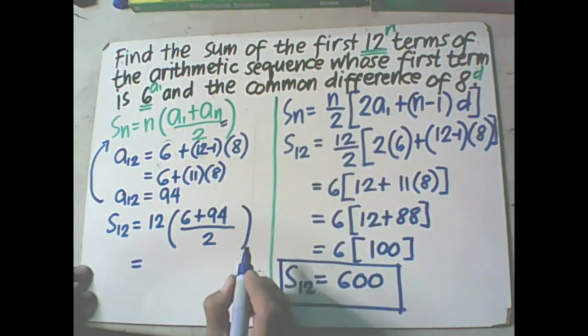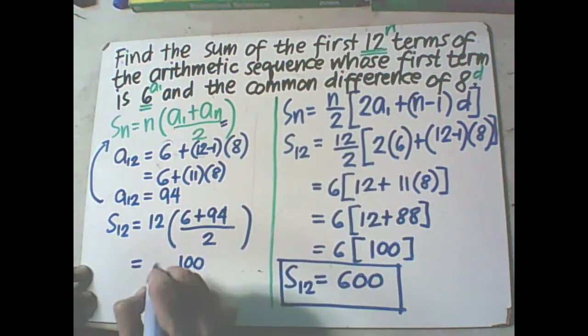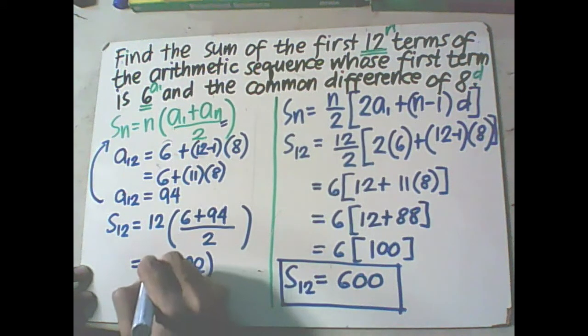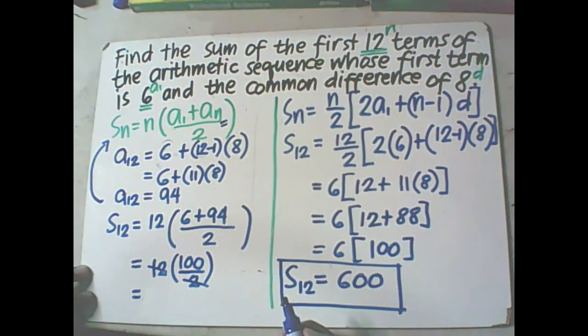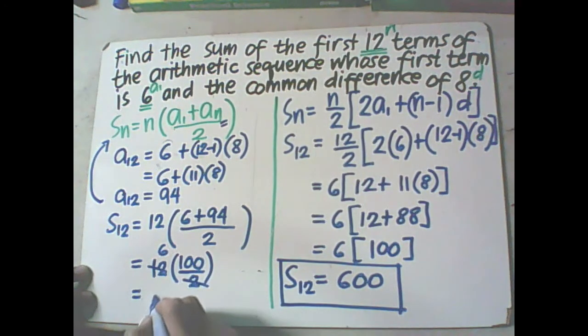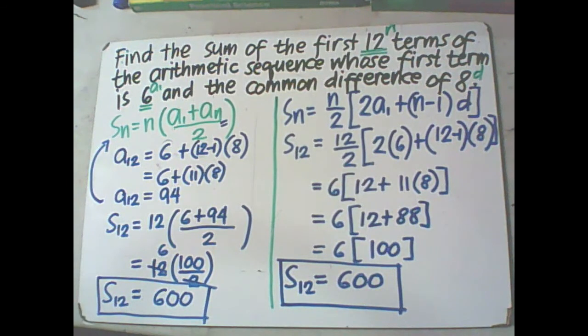So in this case, we have 6 plus 94, which is equal to 100, divided by 2 is 50 times 12, or we could have this one divided, that now would be 6. 6 times 100 is again 600. Therefore, whatever equation you are going to use, you will arrive at the same answer.